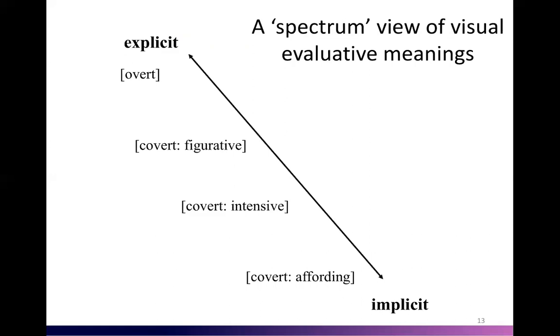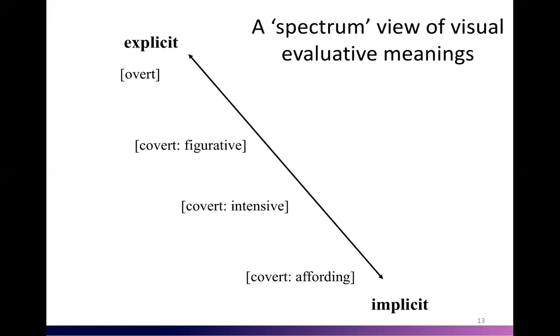And these visual meaning-making strategies are very likely to be co-deployed within one particular image. So I use the label of overt to generalize the strategy of expressing emotional value through facial expressions.